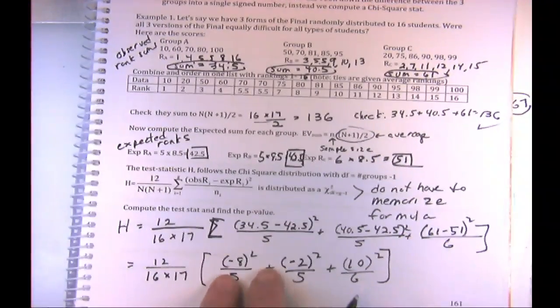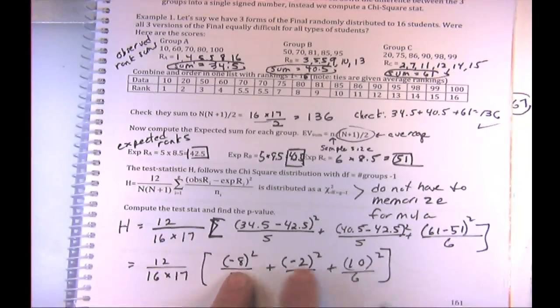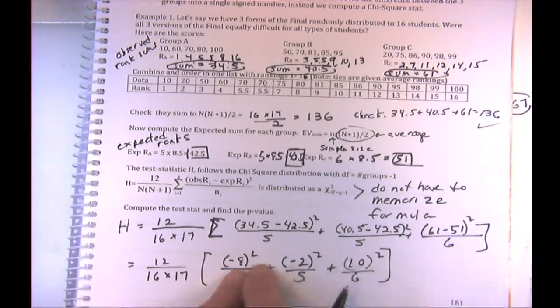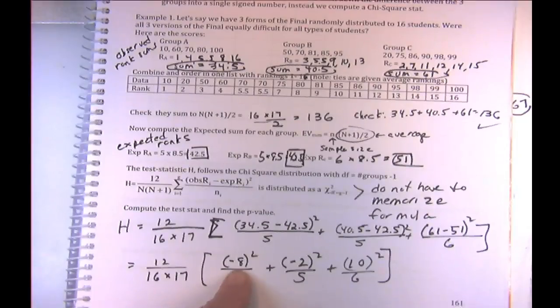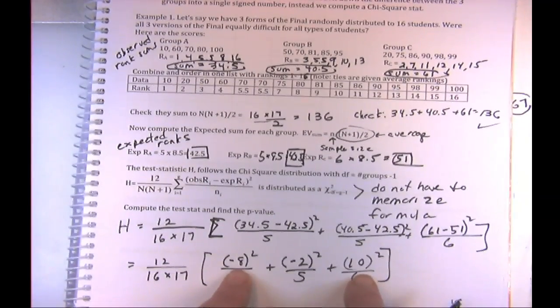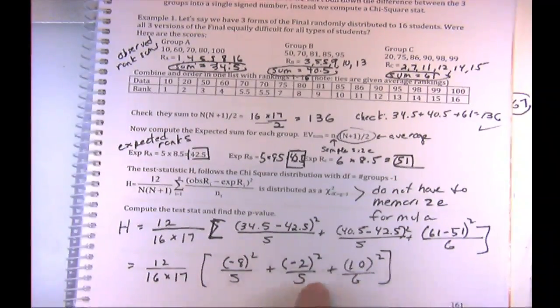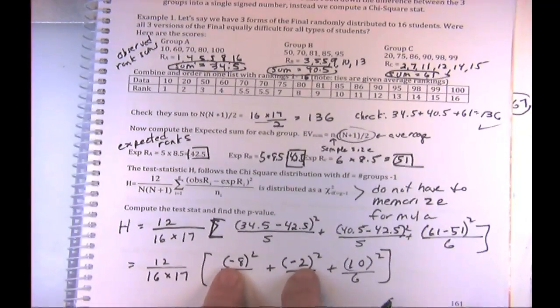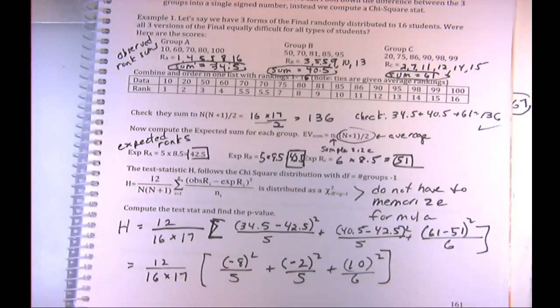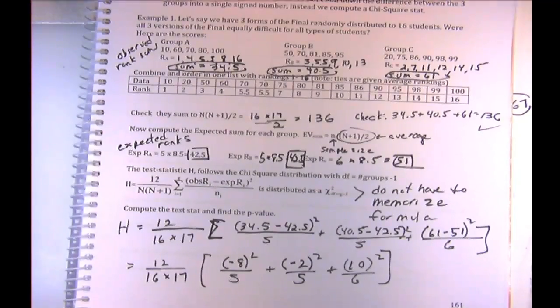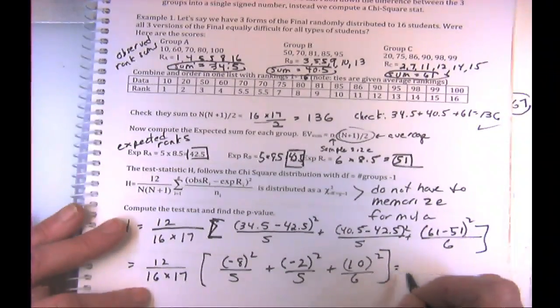Note that these three inside the parentheses, if you didn't square the differences, are always going to sum to 0. So you have to square the differences here, otherwise our statistic would always be 0. That's a good way to check. Make sure the negative 8 plus negative 2 plus 10 inside here equals 0, otherwise you've made a careless error.